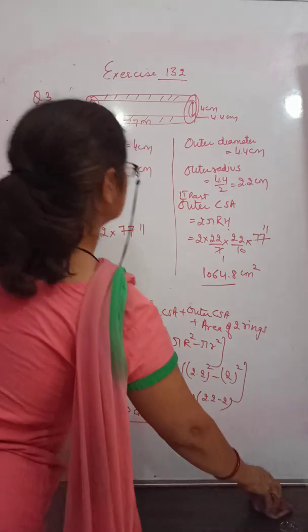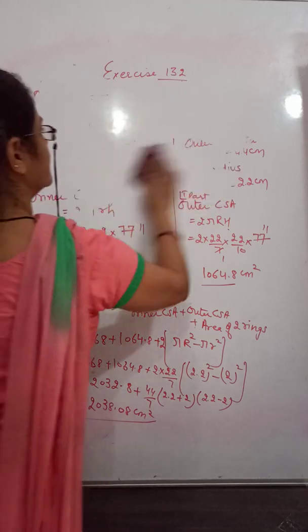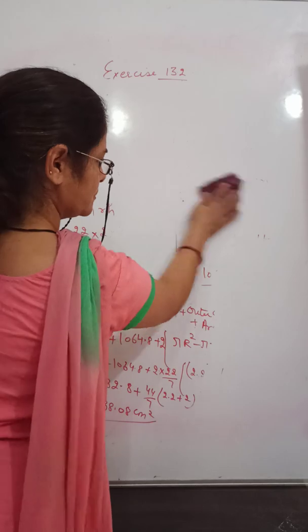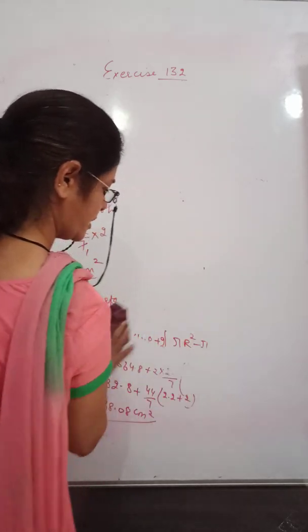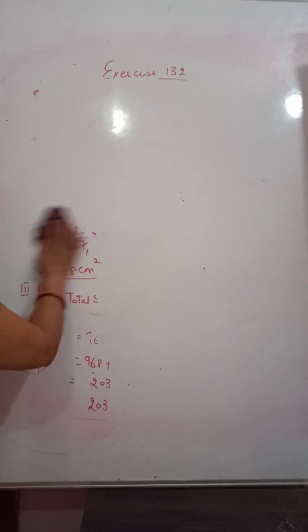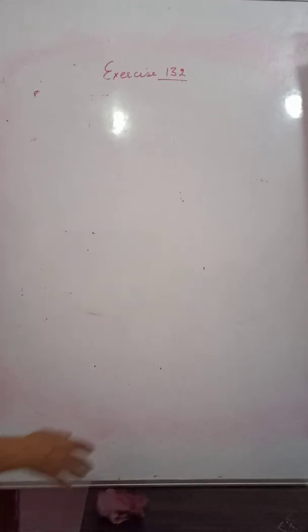Now come to question number 4. Question number 4 is, what is question number 4? The diameter of a roller is, we have a roller. Which roller?